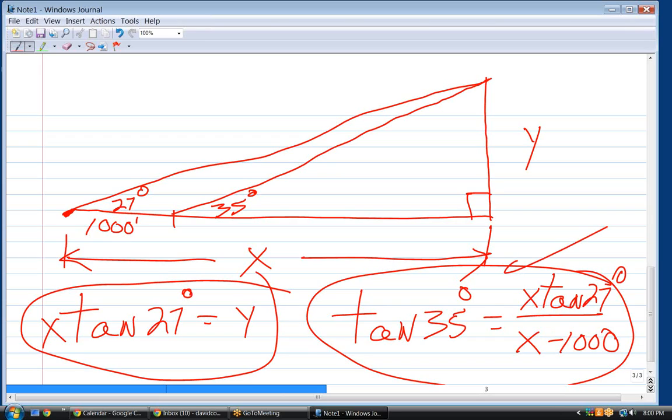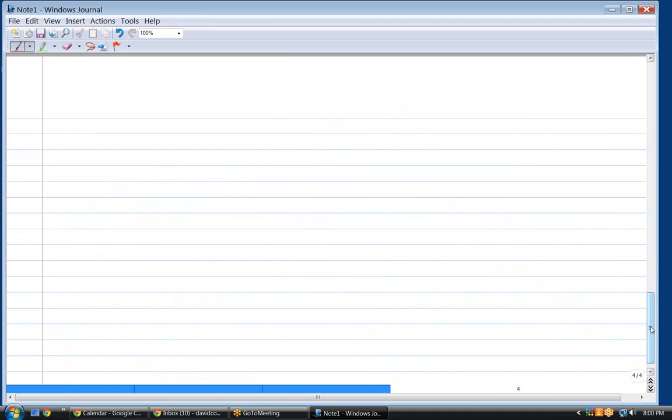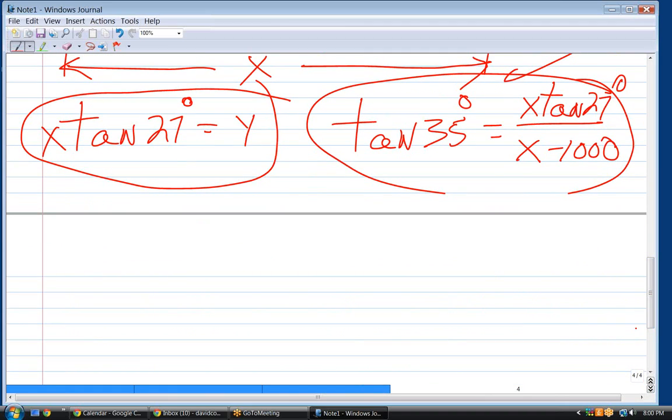Do you have any questions about how to solve that algebraically? It's a little bit difficult, but what I basically had was two equations and two unknowns, and I used substitution to put it into one equation and one unknown. So to solve this, I'm going to multiply both sides by x minus 1,000.